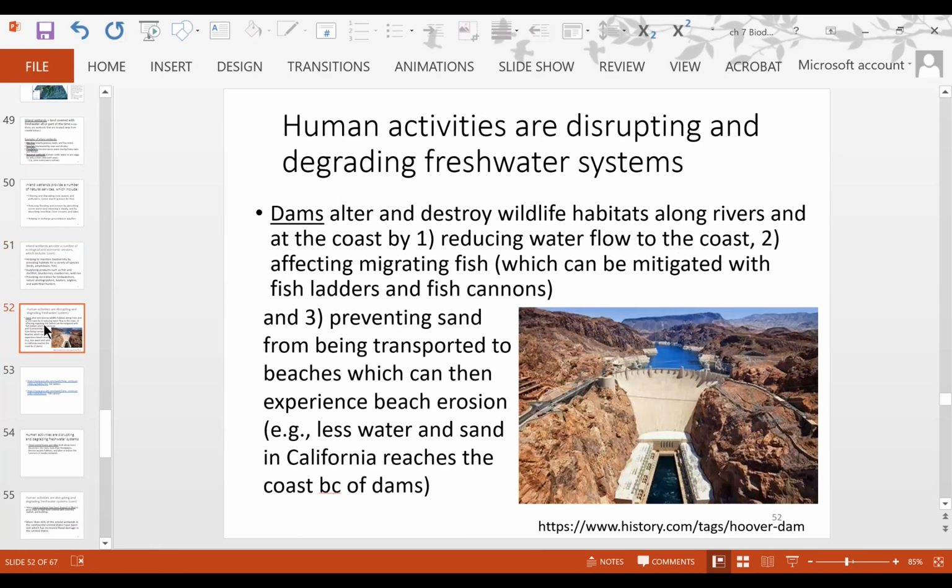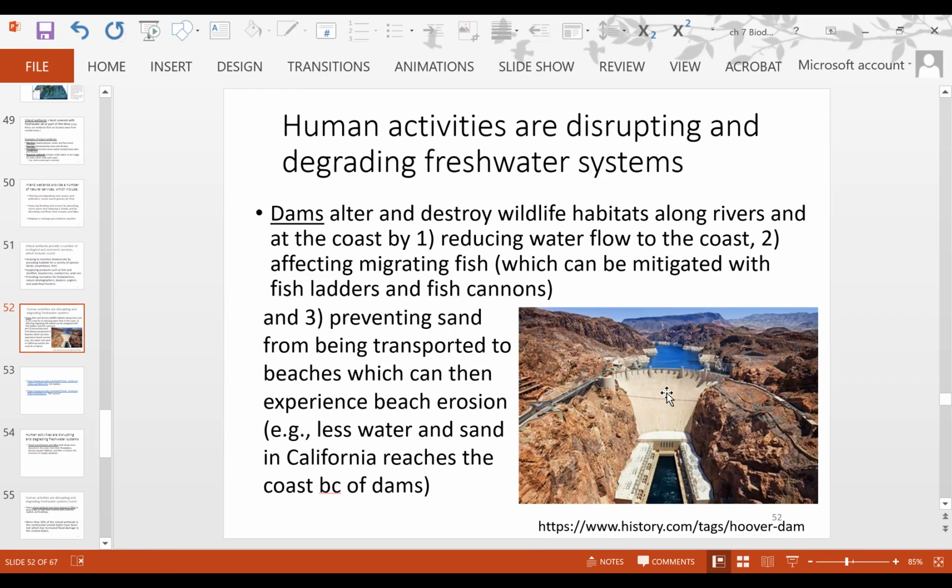And then we're going to move on to another human activity that disrupts freshwater systems, and that is the building of dams. A dam is built to block river water, and it is used to create a reservoir, which is a man-made lake behind the dam.